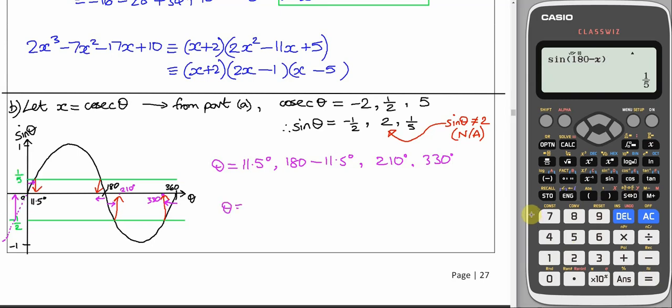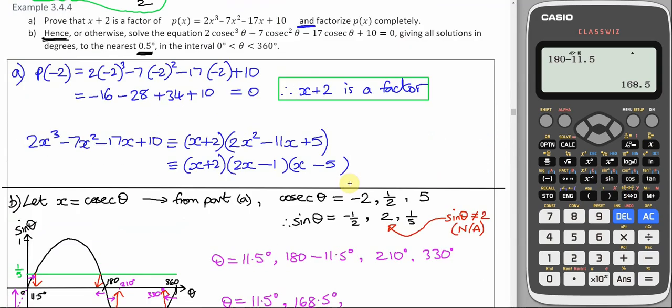So let's finish it off. Can't leave our answer like that. So we've got 11.5 degrees and 168.5 degrees. So they were all ready to the nearest half degree.